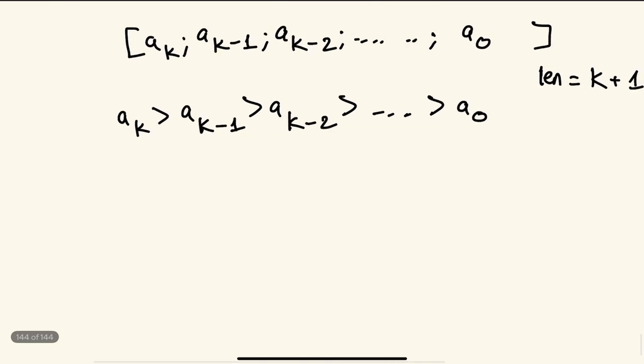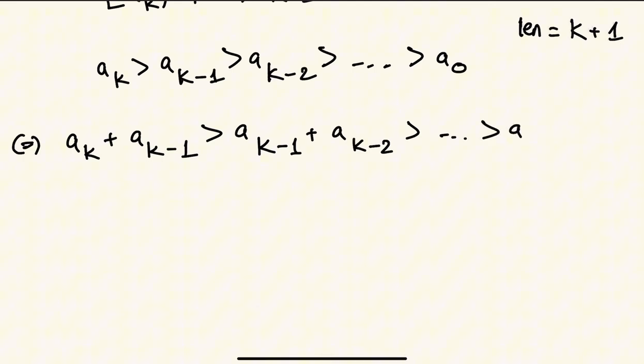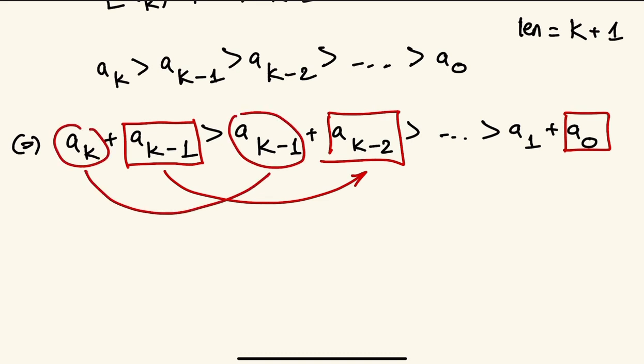So we start from this basic thing, and how about if we add this one? So a plus ak minus 1 is absolutely bigger than ak minus 1 plus ak minus 2, blah blah, and then a1 plus a0, absolutely right. So what I'm gonna add is that I add this one. Because the ak minus 1 is still bigger than ak minus 2, and the ak is absolutely bigger than ak minus 1, right?